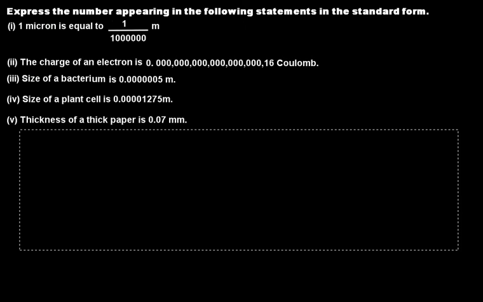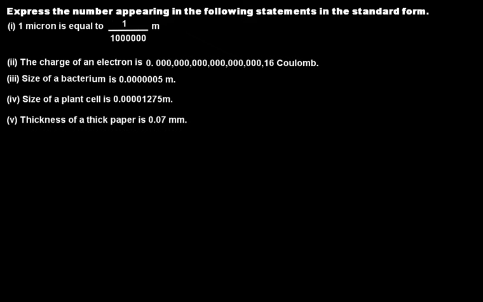the charge of an electron. The charge of an electron is 0, you have 18 zeros, then you have 1.6 coulomb. Okay, so you have 18 zeros after the decimal and then the digit 1.